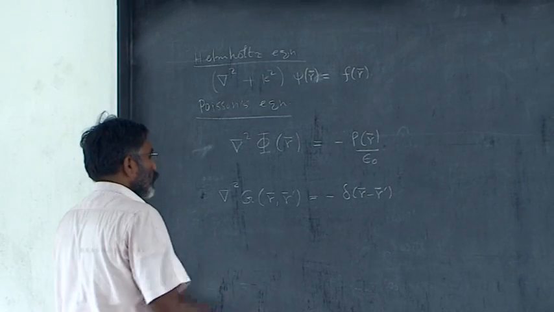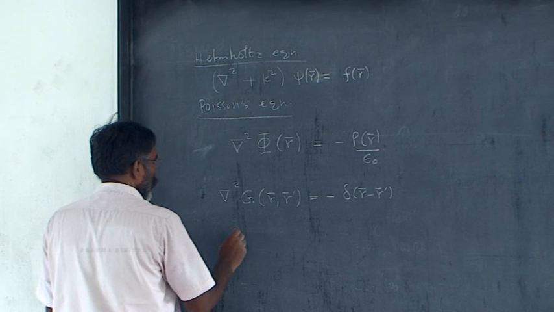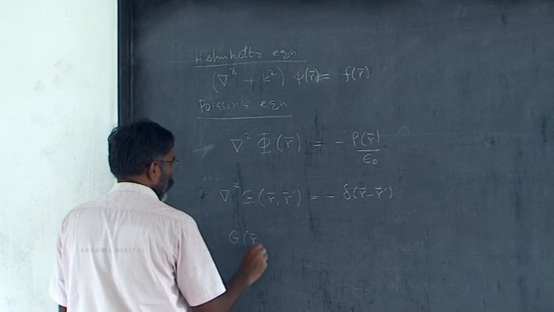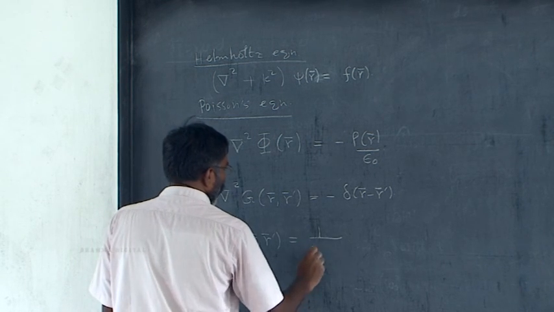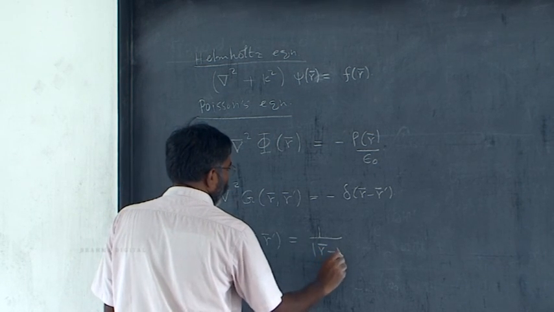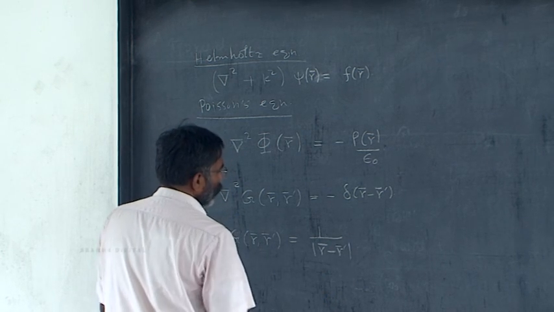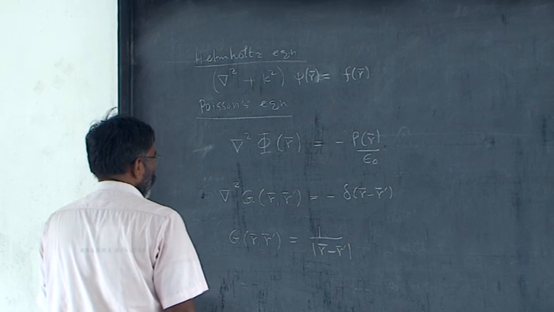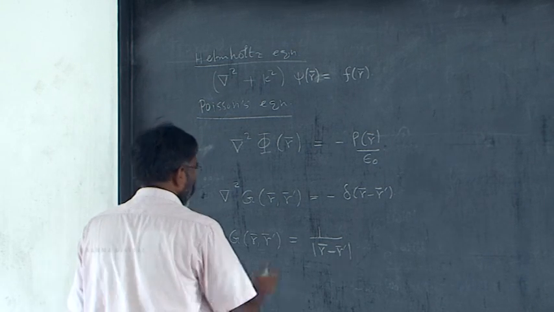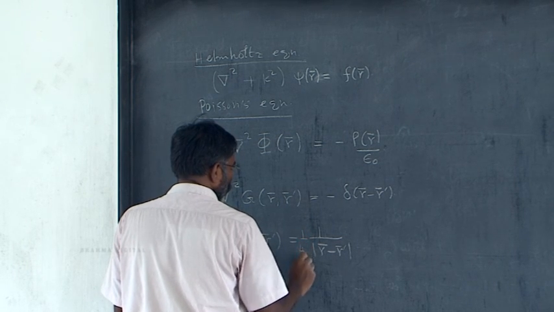by again using the same trick of Fourier transform, you can show that g of r prime is equal to 1 over 4 pi times 1 by modulus of r minus r prime.